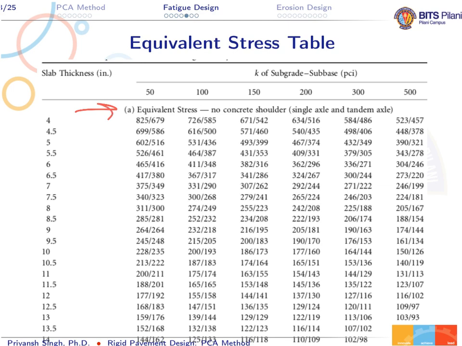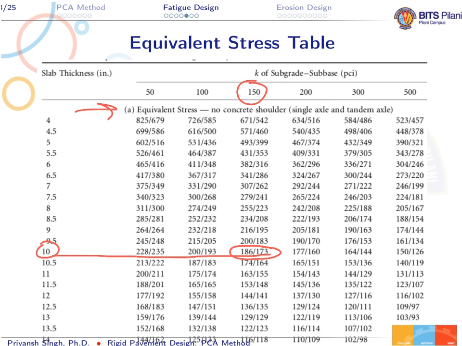Let's suppose you have K as 150 and you have assumed the thickness as 10. So this is going to be your equivalent stresses. Now what it means, 186 upon 137. This table is valid for both single axle and tandem axle.